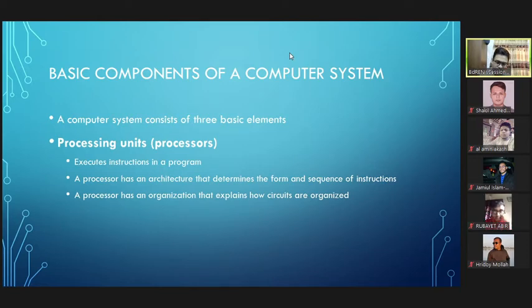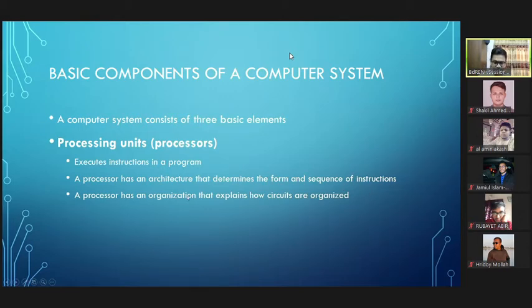Because I showed you yesterday, you can see in your laptop or PC as well, hundreds of processes are running at the same time, and we have only one processor. Although that processor may not be able to do multitasking, how can it do that? Using some technique. All right. So that is the sequence of the instructions.